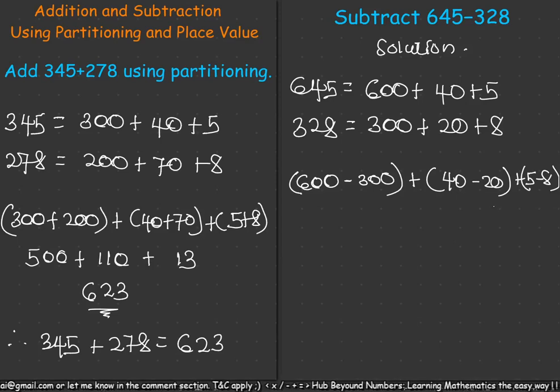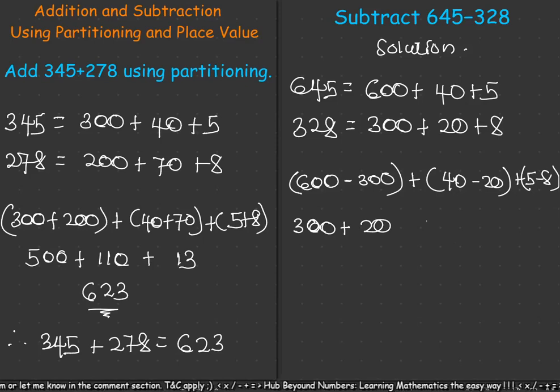Now look at how interestingly we are going to work this out. 600 minus 300 will give us 300. So we have 300 plus 40 minus 20, which would also give us 20. Then we have 5 minus 8.